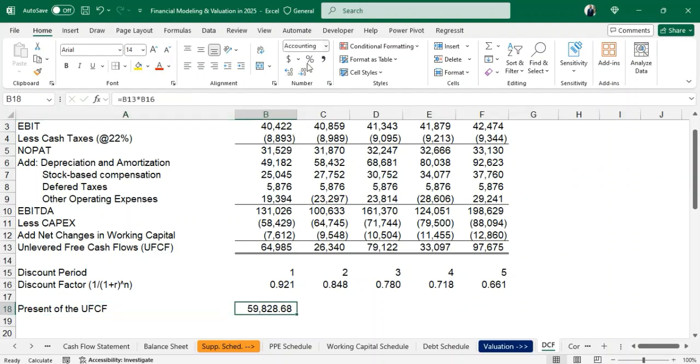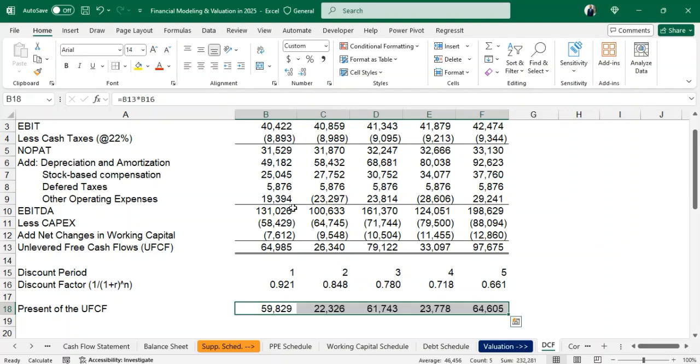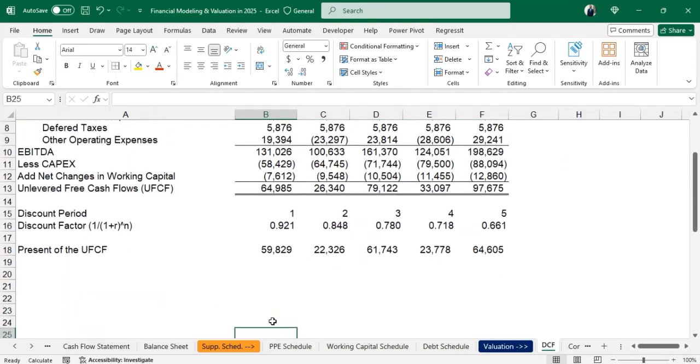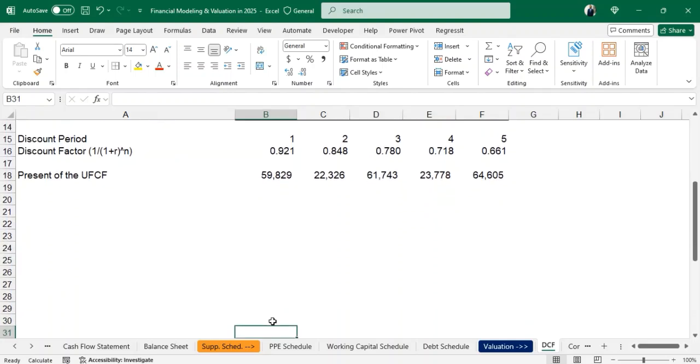All right, I can format this to 0 decimal places and copy the formula across using Control R. So these are the present values of our unlevered future cash flow. All right, so we are done with the first part. Now it's left with the second part, which is determining our terminal value.